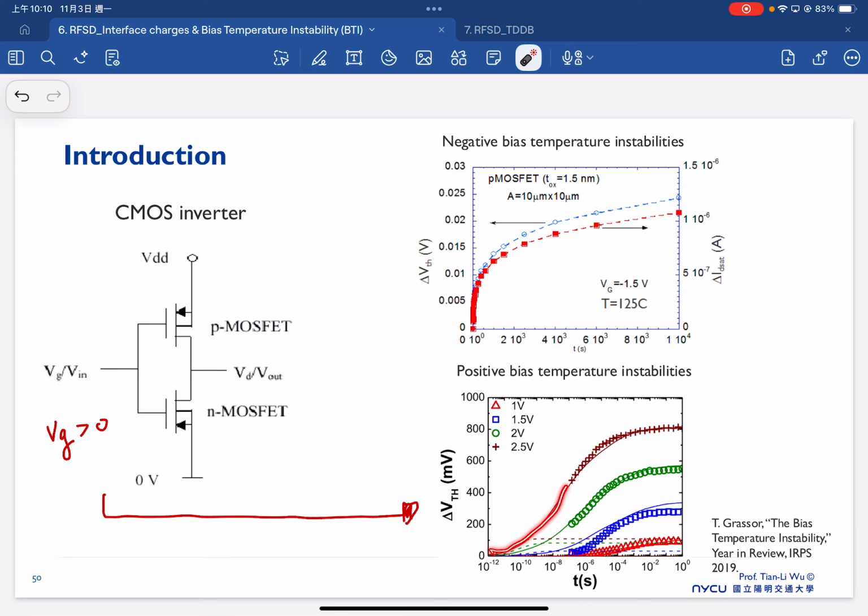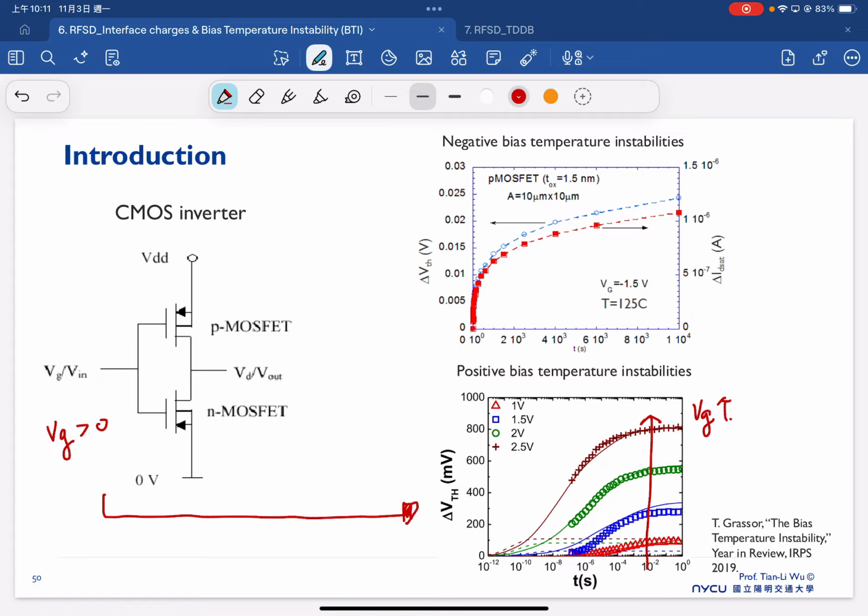The threshold voltage starts shifting, getting more and more shift as time increases. And this increase is also related to the gate bias. As our gate bias gets larger, the threshold voltage shift increases.